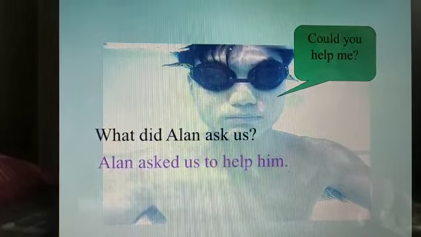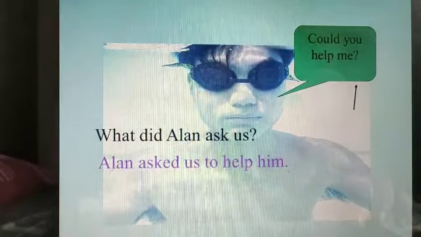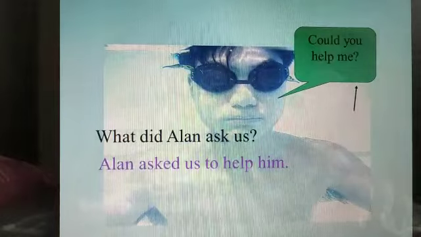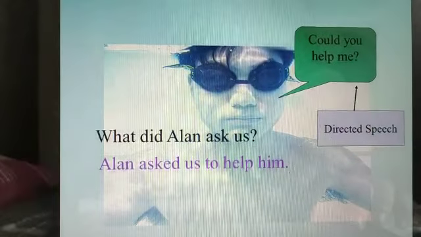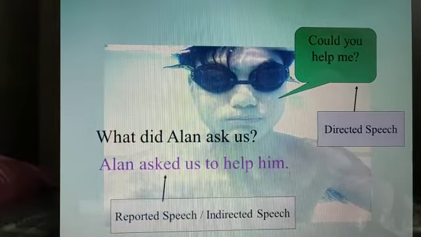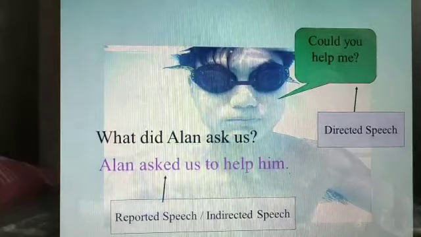Alan asked us to help him. Check out this question. Sorry, could you help me? Is the question, direct speech, and asked is reported speech. So we have converted direct speech into indirect speech.